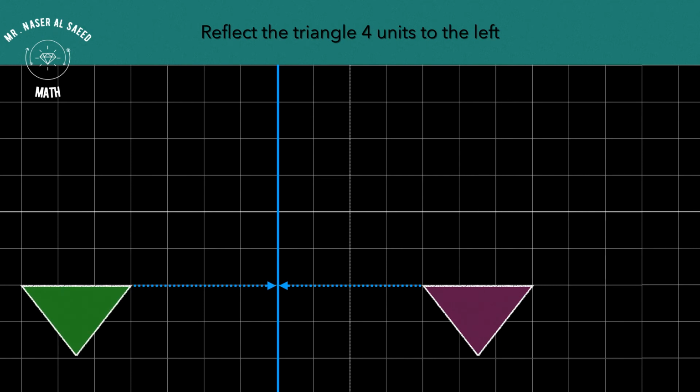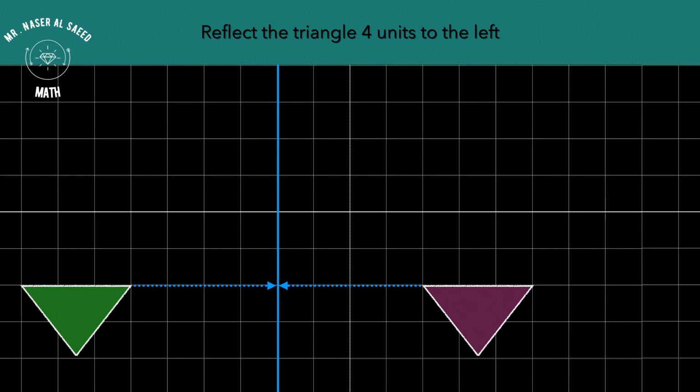So it's 4 units away from that line of symmetry, and that is our reflected shape. Note it's exactly the same, and it's the exact same distance from the line of symmetry.